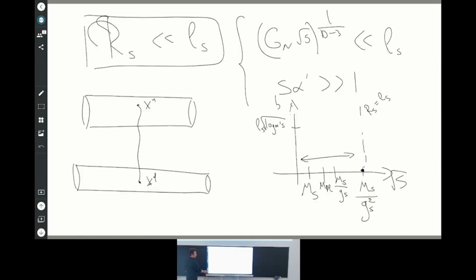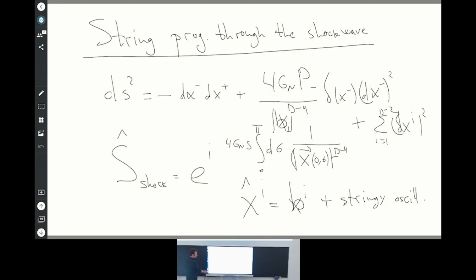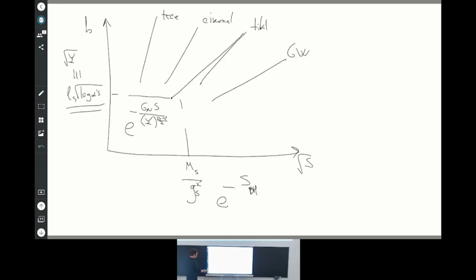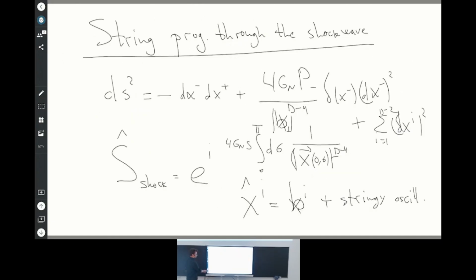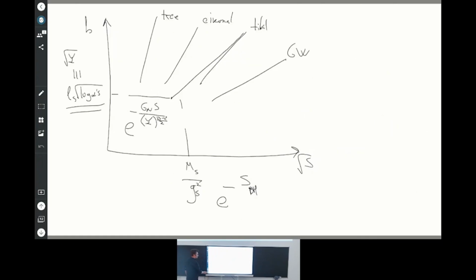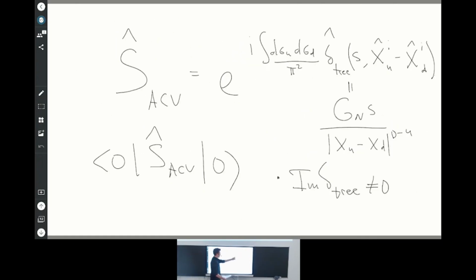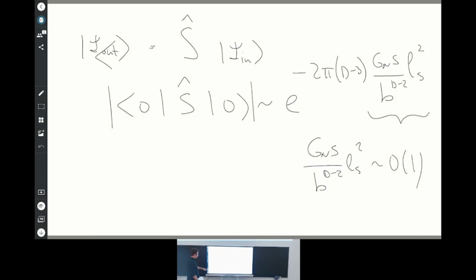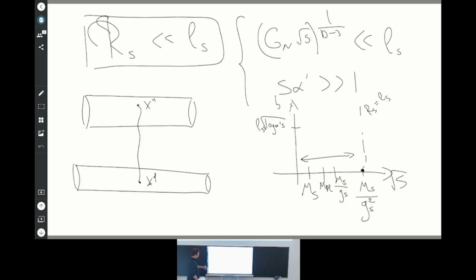When I wrote the ACV operator, this one is not the ACV, so let me go to the ACV. Yeah, this one, so this is XU and this is XD. This is a point on the upper and lower string. So we have this, which is what I call the T channel. This corresponds to the exchange of this Regge in this channel.